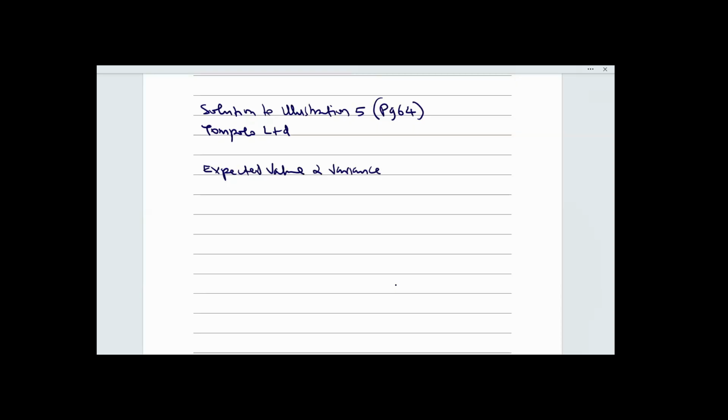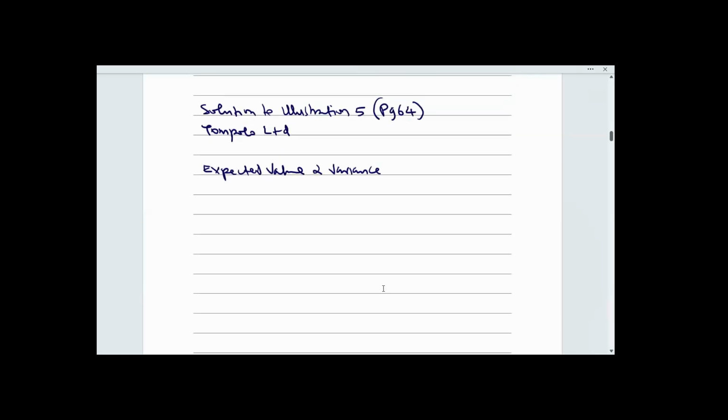All right. Let me first do my working since I'm not given cash flow. This should be for calculating expected net present value.